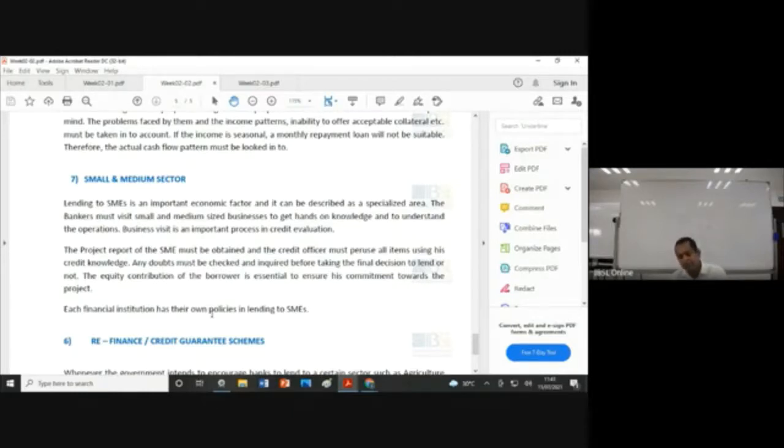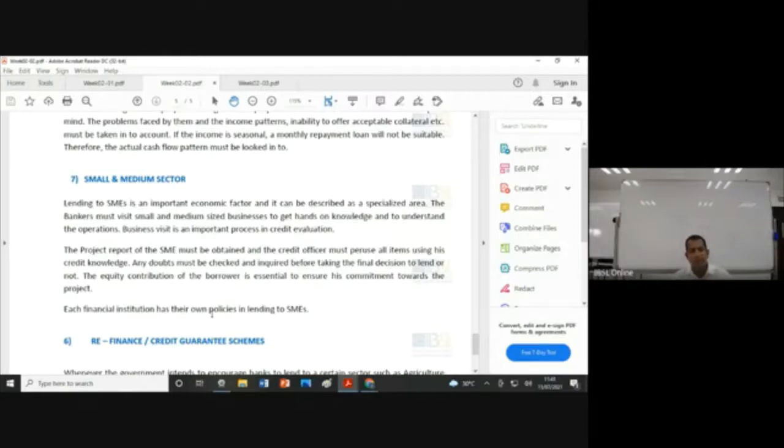But SME lending is a very specialized area. You don't have audited P&Ls and balance sheets just to look at and give money. We are dealing with pure people under SME, right? So your experience, exposure, then your education, everything matters when you decide SME lending.